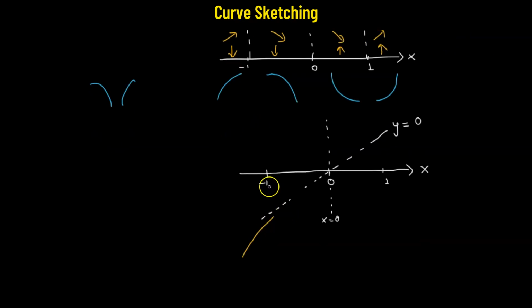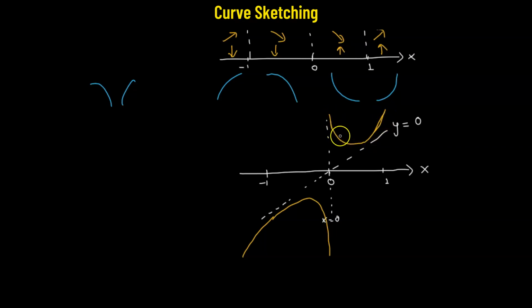For values of x lying between -1 and 0, we have a decreasing function with concavity downwards. Then for values between 0 and 1, we have upward concavity, but this is decreasing. And for values greater than 1, it again has an upward concavity, but increasing.